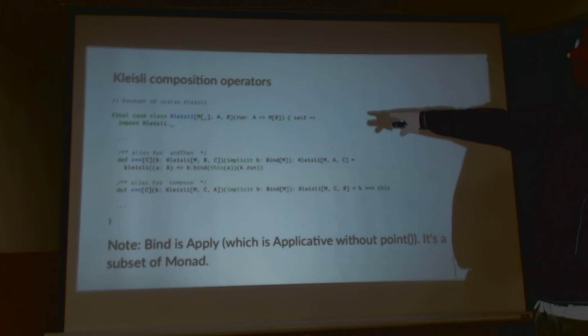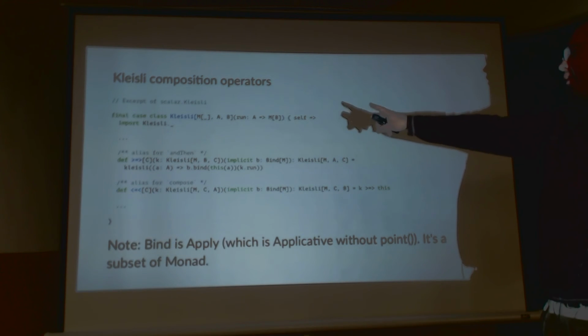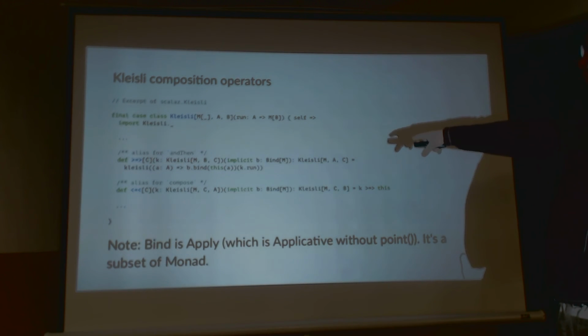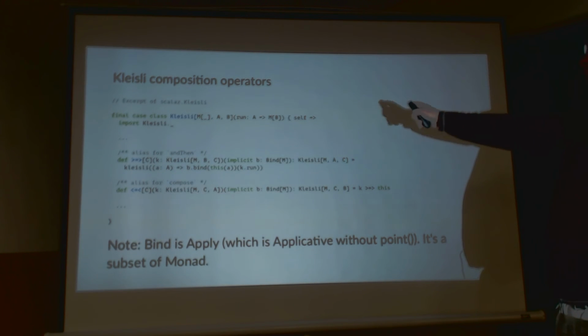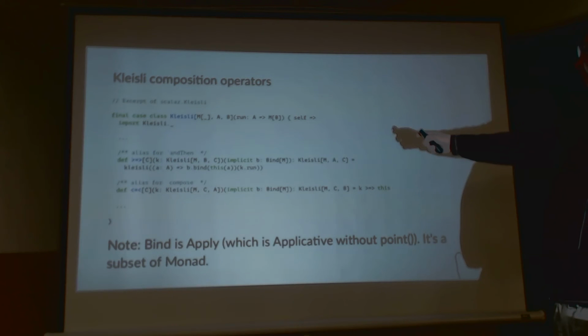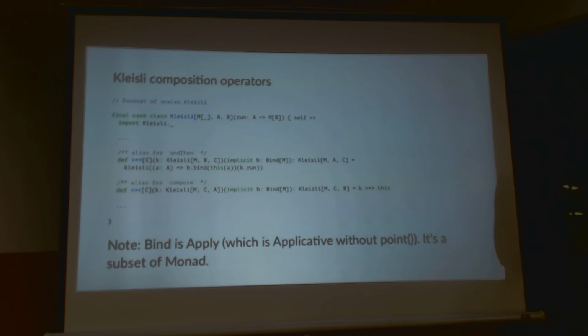For Kleisli, we're going from A to M of B. You want to compose it with another one, which is B to M of C. Once you compose them together, you get one from A to M of C. That's composition right there. And you notice this implicit type bind. That's actually a supertype of monad in Scalaz, and that's the bind operator.